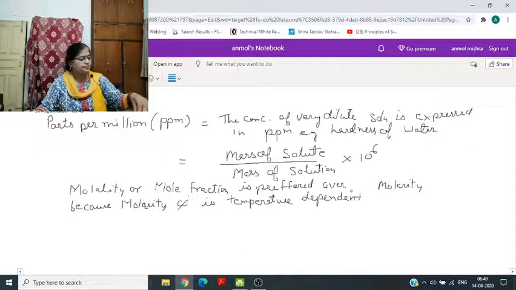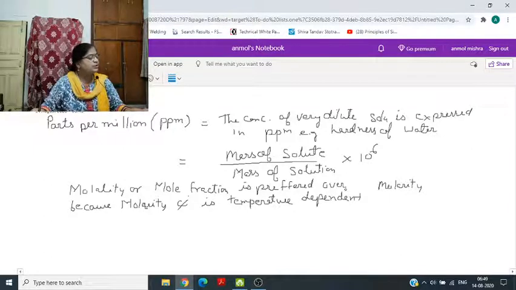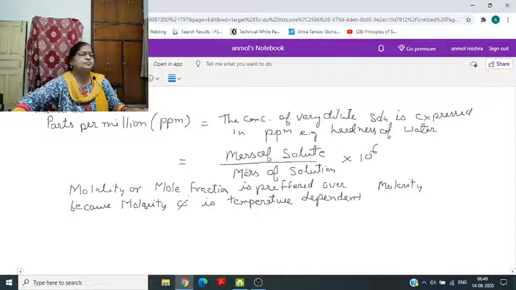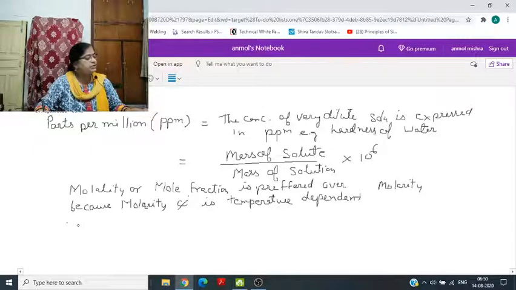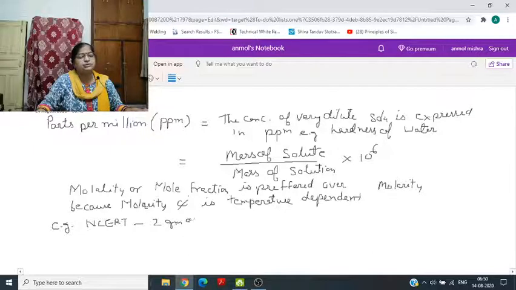Now we will do some numericals on it. When you open the NCERT book, there is one solved example given: a solution is prepared by adding 2 grams of solute, dissolved in 18 grams of water.